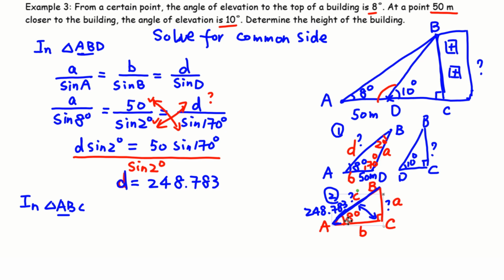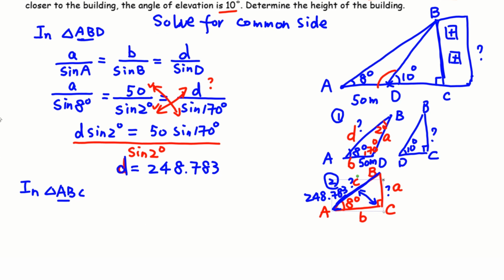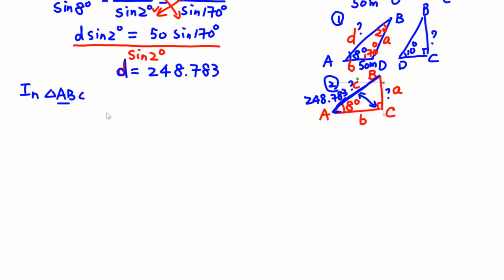Or you could see you have more than one angle given, you could use the sine law. So in triangle ABC, we are going to see A over sine A equals B over sine B equals C over sine C.